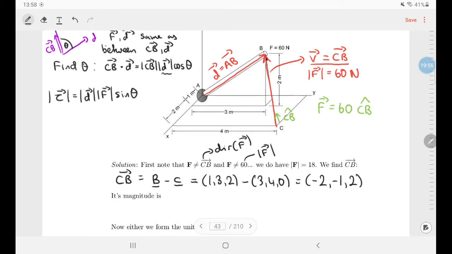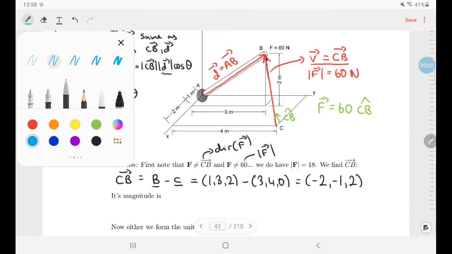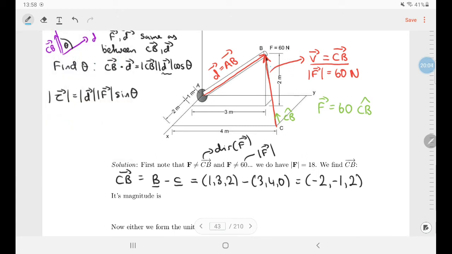So that's the vector from C to B. It's not the force. In fact, we should draw the force possibly separately altogether here. And the force vector does not have to be in proportion to the displacement vector because they're different units. You can't really compare them in that way.